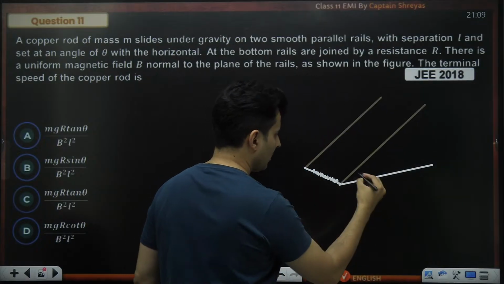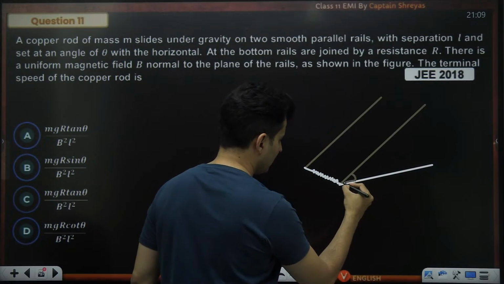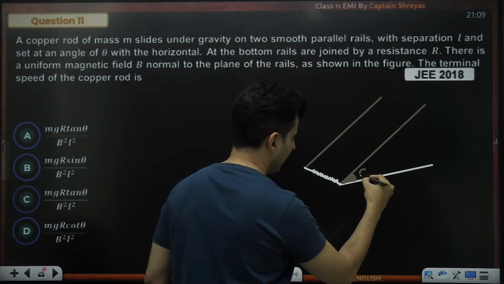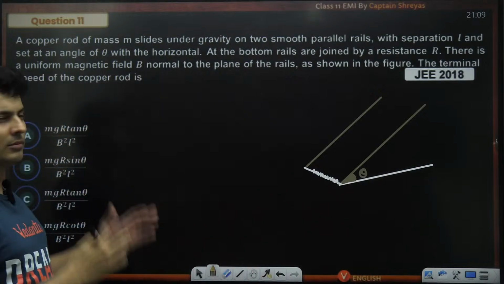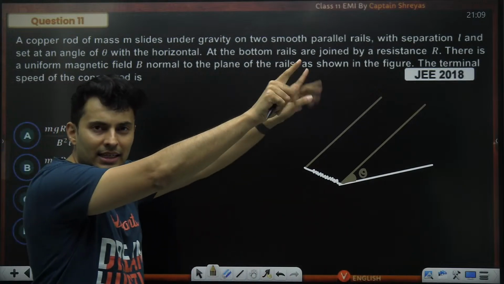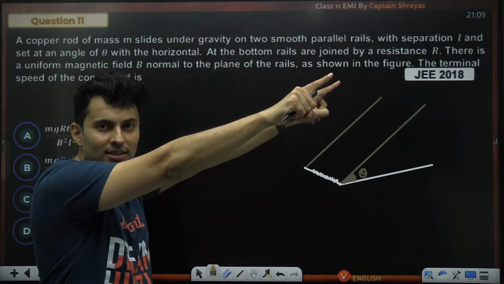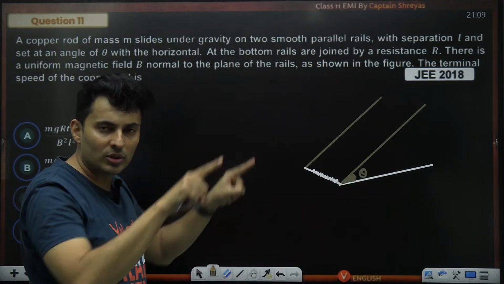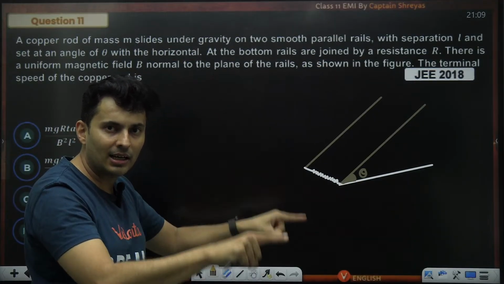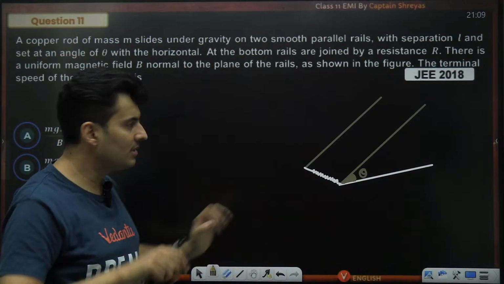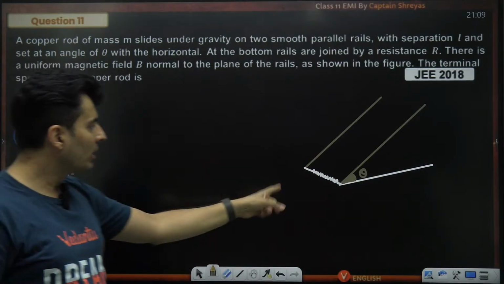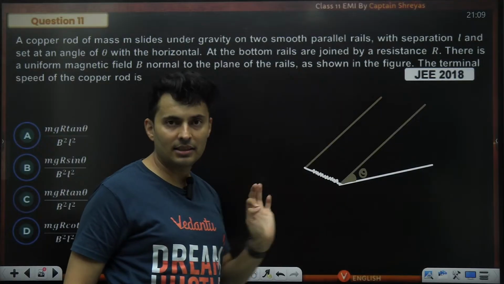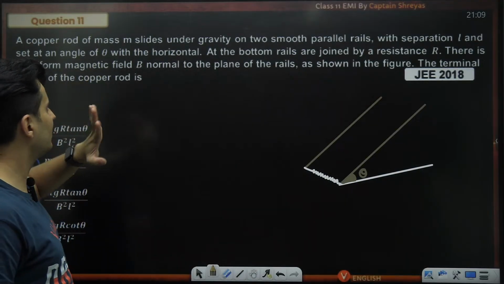The rails are making some angle with the ground. That angle is given to be theta. Try to visualize this. This is an inclined plane. The inclined plane has two rods which are like rails, and those rails are making some angle theta with the horizontal surface. At the bottom, the rails are connected by a resistance of R. That is what is given.